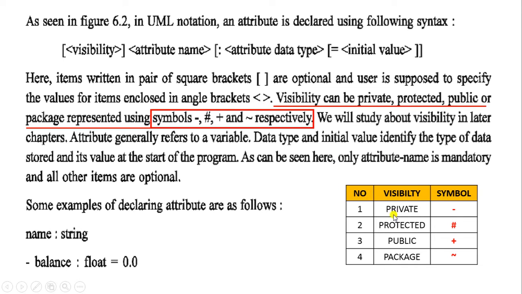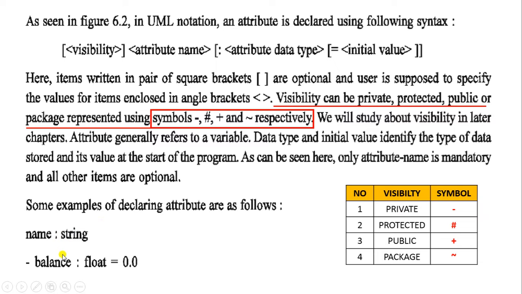At the bottom I mentioned a box with visibility, and on the opposite side the symbols. The private visibility symbol is dash, protected is hash, public is plus, and package is tilde. So these are the visibilities and their symbols.